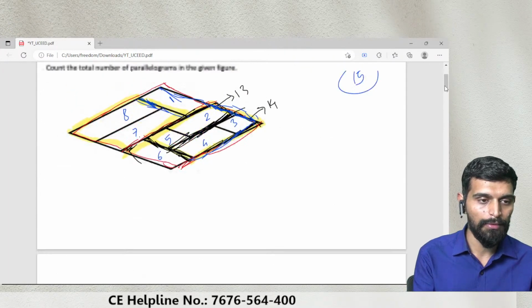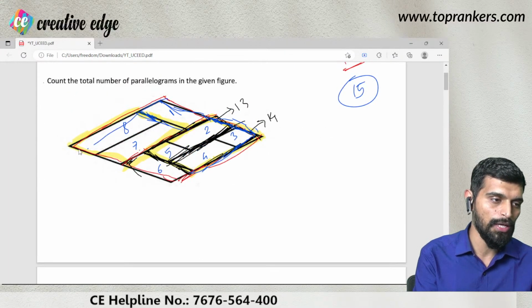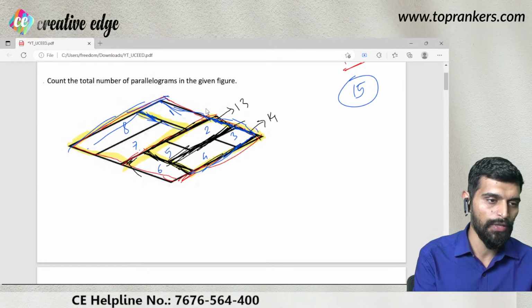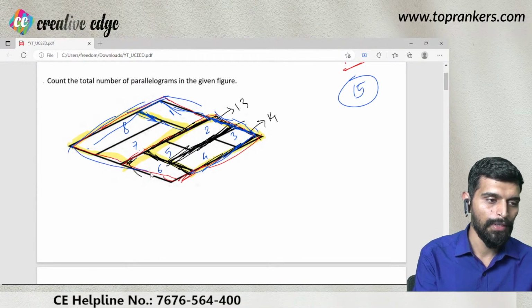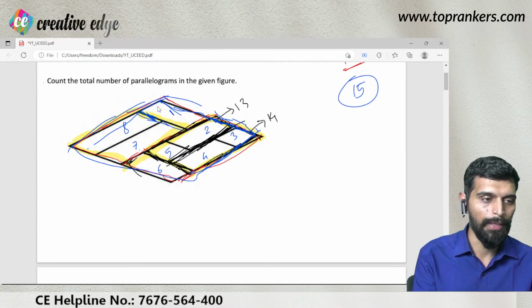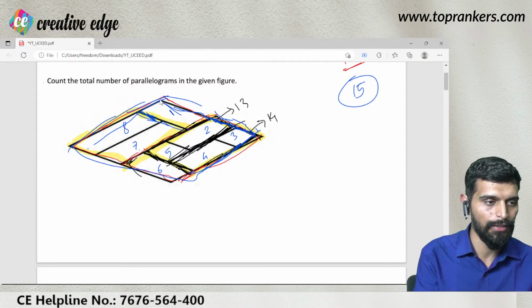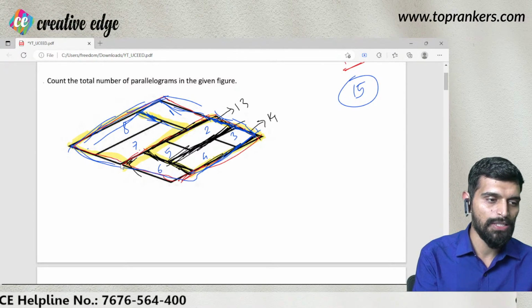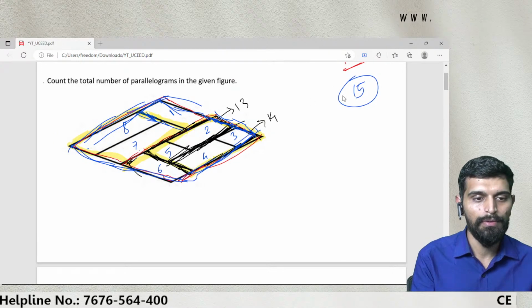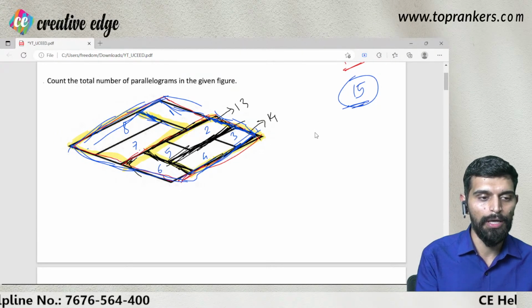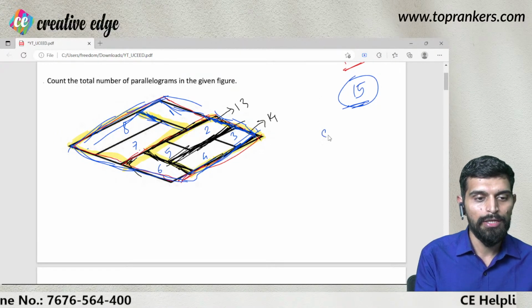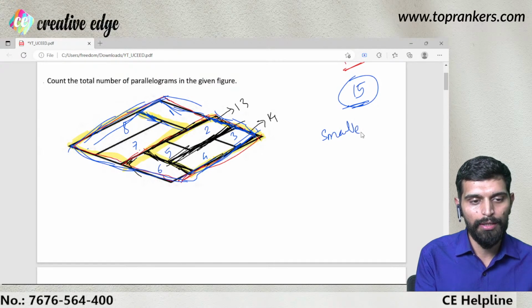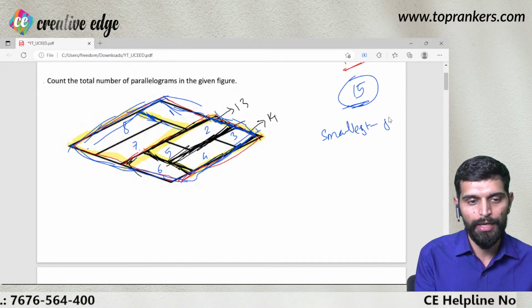Yes, the last one, this outermost one, the largest one, is the 15th one. I probably have not highlighted it completely. I hope all of you are able to identify. The smallest ones were 8.